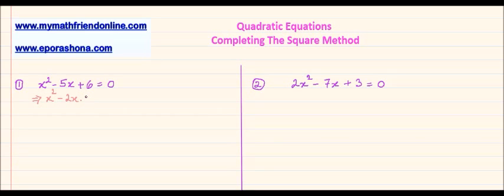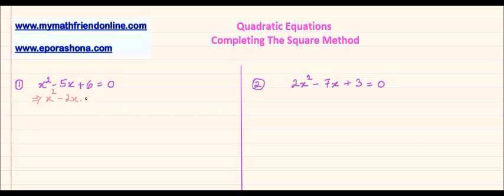We have to write such a number so that when it is multiplied with 2x, we will be getting this 5x. b will represent that number which when multiplied with 2x will be giving us 5x. Because this minus sign is there, we need not worry about it. The only thing is we have to have such a number which when multiplied with 2x will be giving us 5x as the product.